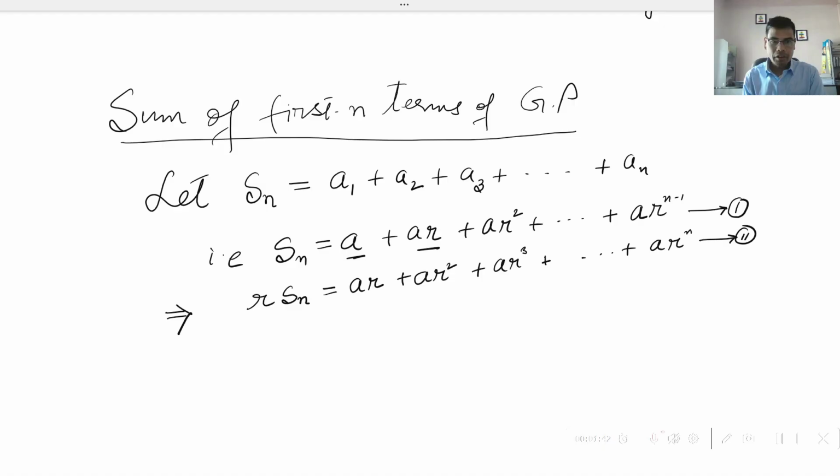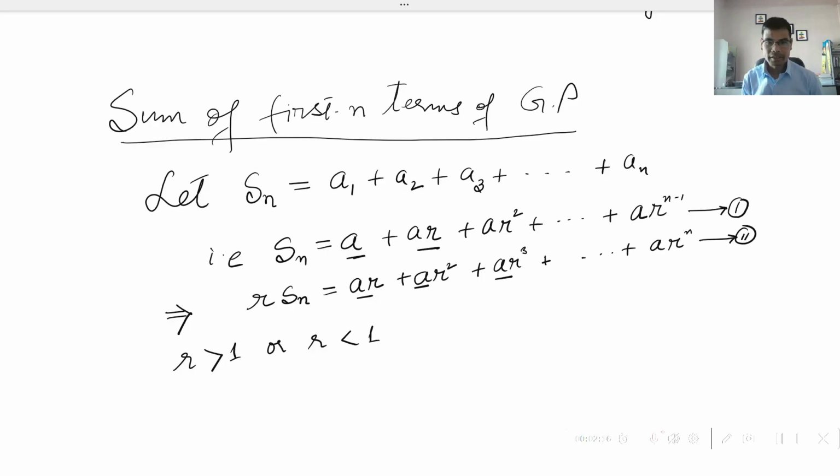Now it depends on the value of r, whether r is greater than 1 or r is less than 1. If r is greater than 1, then each term here will be greater than the value in equation 1, that is, each corresponding term in the second equation is greater than the term in the first equation.